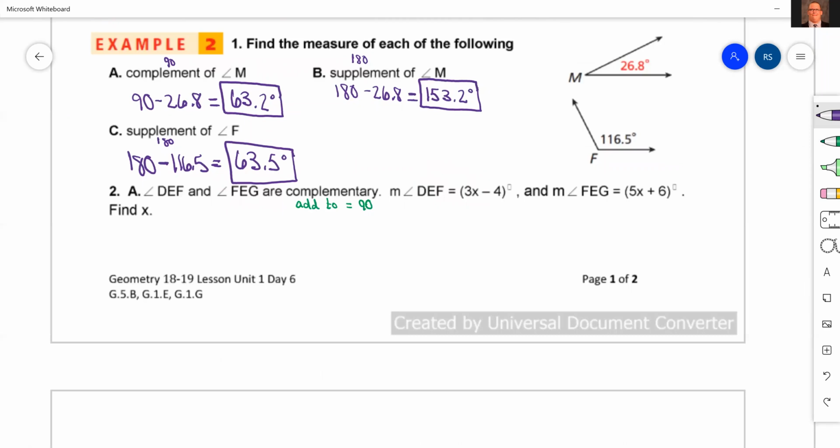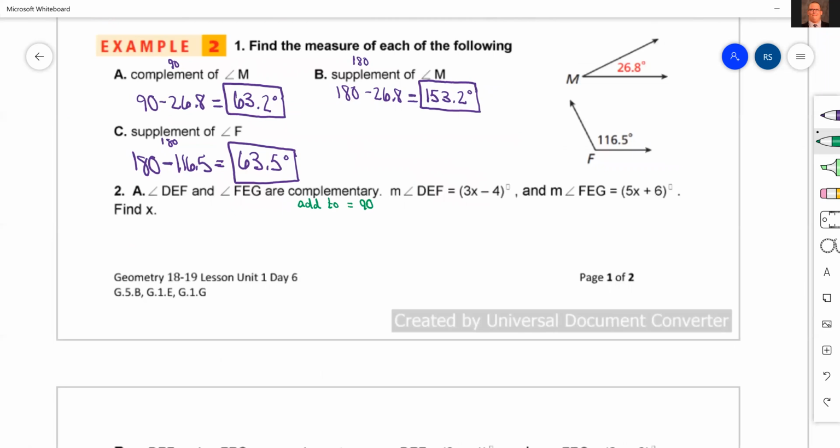DEF is 3x minus 4. FEG is 5x plus 6. And together, they add to equal 90. So that gives us our equation: 3x minus 4 plus 5x plus 6 equals 90.